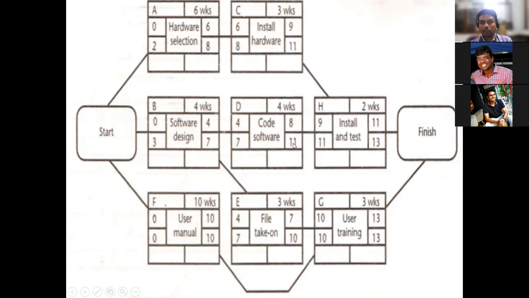So 11 and 11 will be coming here. Now for D, 11 minus 4 is going to be 7. And here 11 minus 3 is going to be 8. So now these 2 activities are completed, and similarly for this one we have already seen it. Next, we will go for A. In this A, we take the latest start date, which is 8, and use it here as the latest finish date.